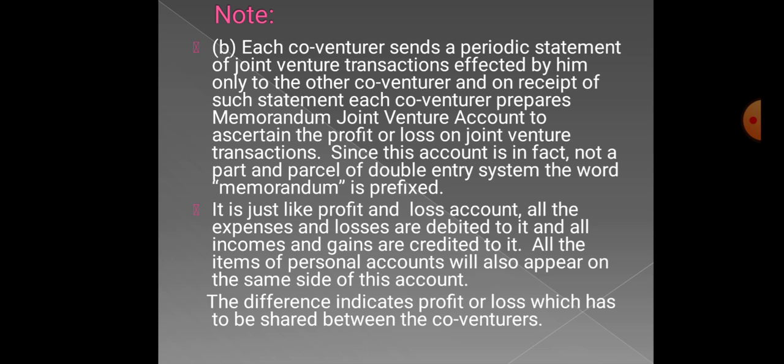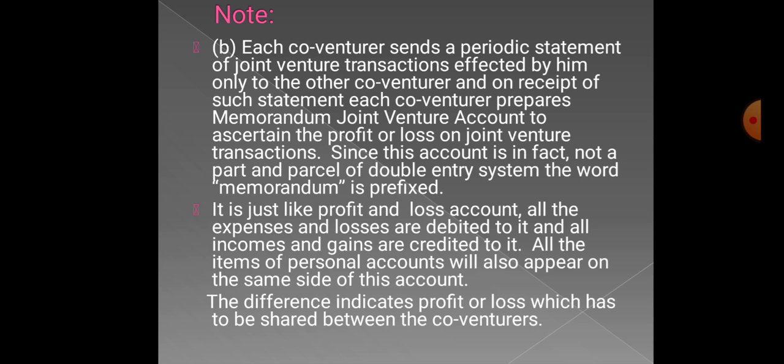The word memorandum is prefixed. So here it is just like a profit and loss account. It will be acting as a profit and loss account. That is, all the expenses and losses are debited to it, and all incomes and gains are credited. So all the items of personal accounts will also appear on the same side of this account.